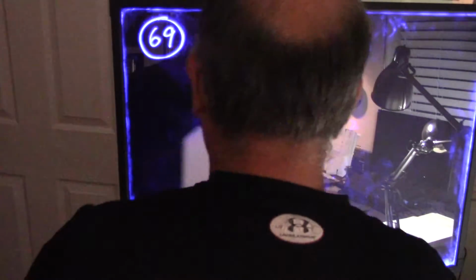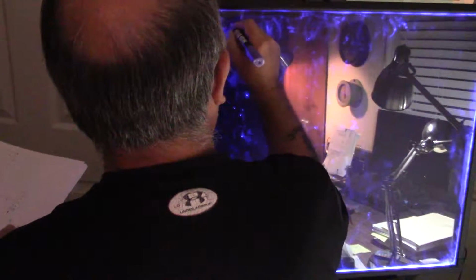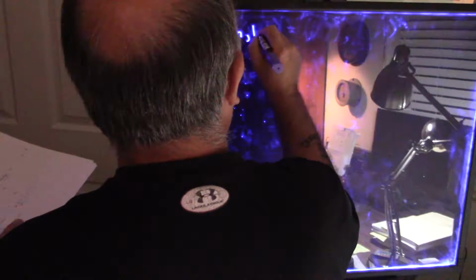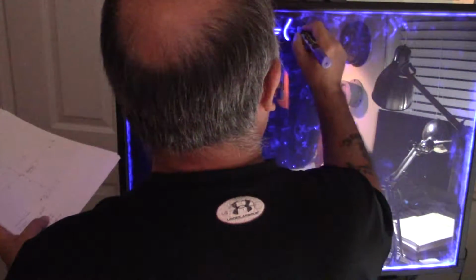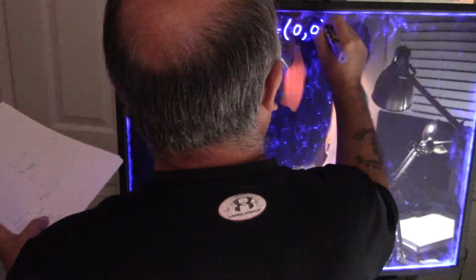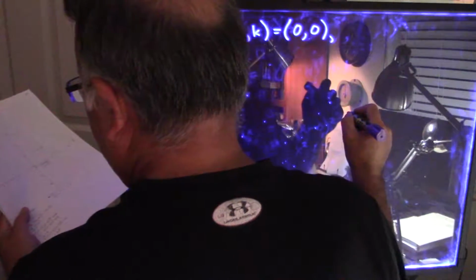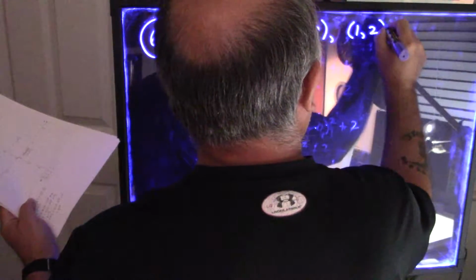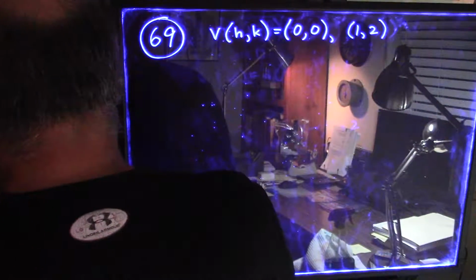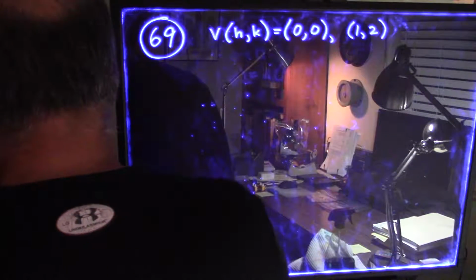And so the vertex v of hk is 0, 0. And we have a point 1, 2, which I have picked, but you can pick any other of those points except for the vertex.